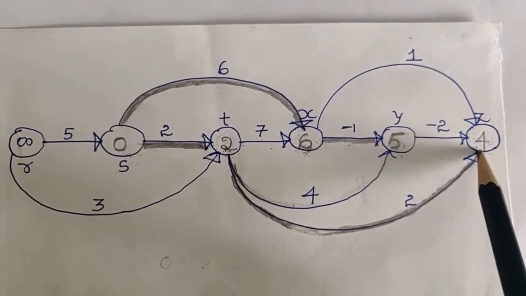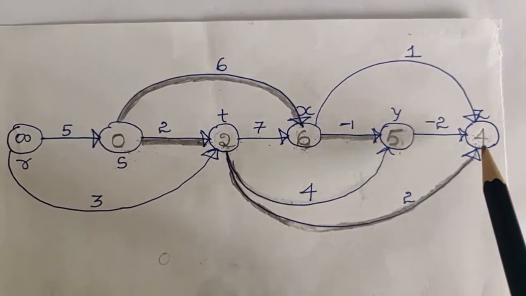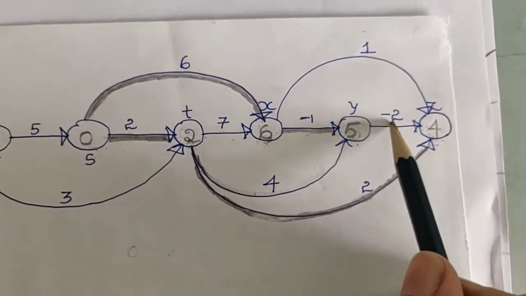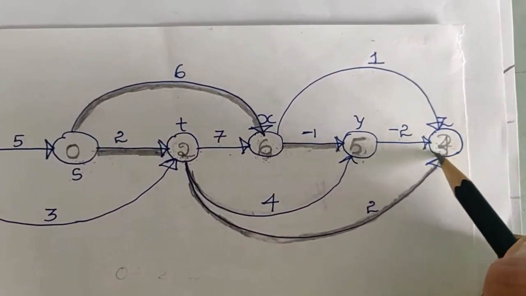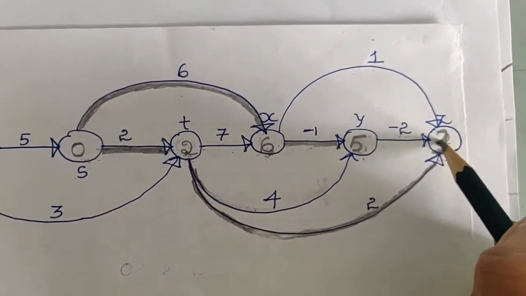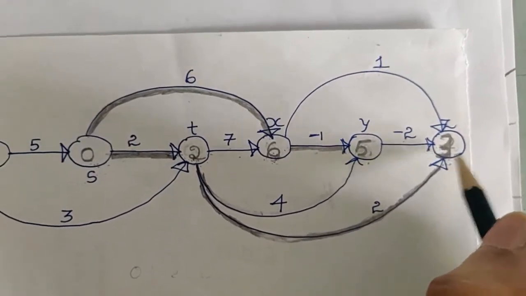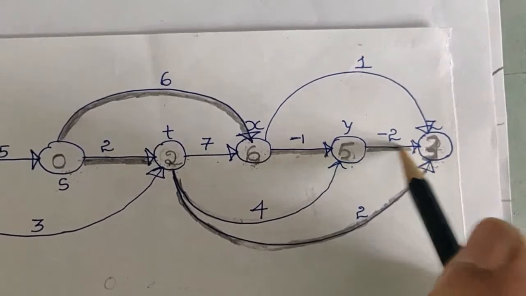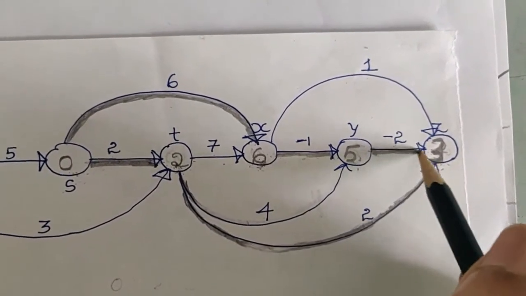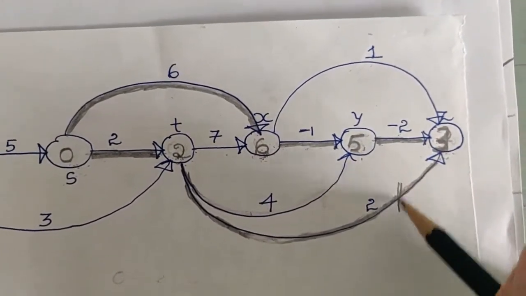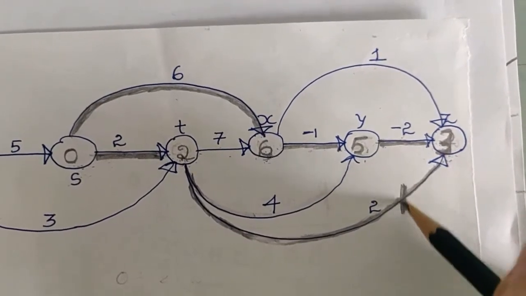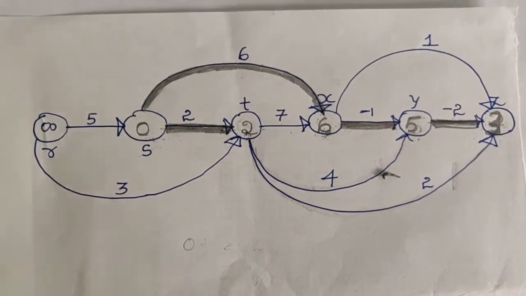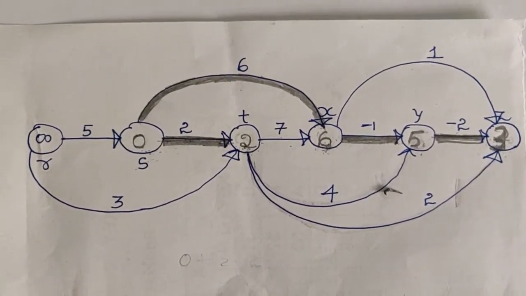Now we found a new value 3 which is less than 4, so we have to update this Z value. So 5 minus 2, it will be 3. Instead of 4, it will be 3 now. So we found a new value for the node Z as well as the new track, and we have to ignore this root.